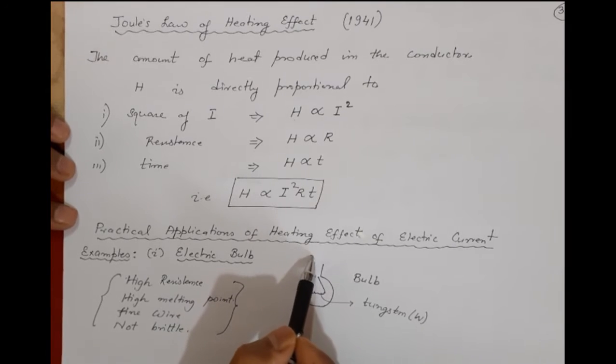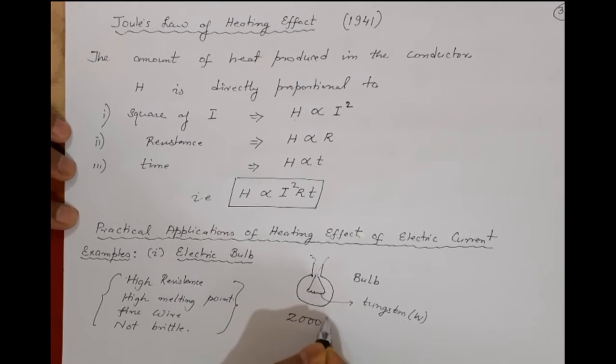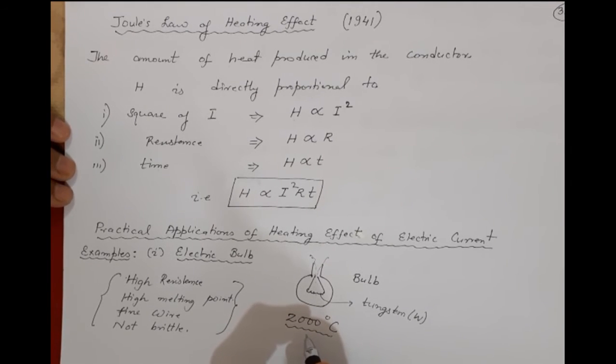Now when you provide electrical energy, current passes through the filament. As the current passes through this high resistance, the temperature of the filament will increase to almost 2000 degrees centigrade. Remember, water boils at 100 degrees centigrade, so a very high amount of heat is produced here.